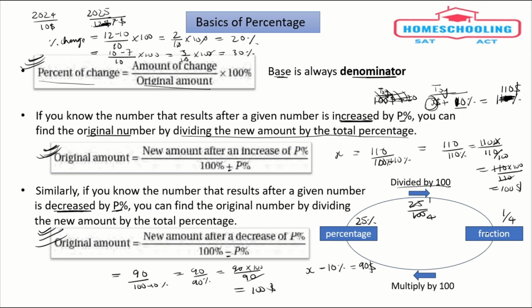But if you want to convert fraction to percentage, so if 1 by 4 is the fraction, multiply by 100. So 1 by 4 into 100, that would be 25%. So always remember, to convert percentage to fraction, divide by 100. And to convert fraction to percentage, multiply by 100.